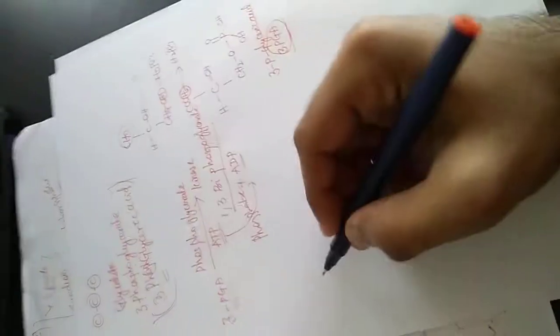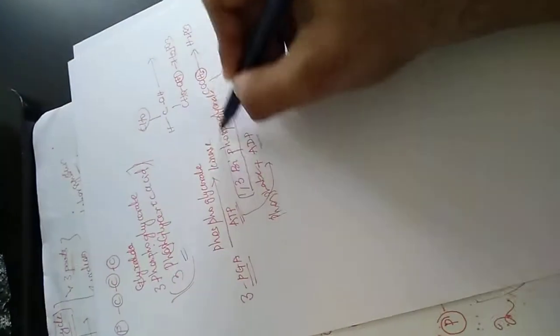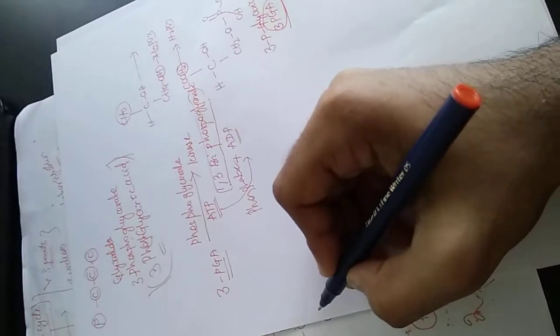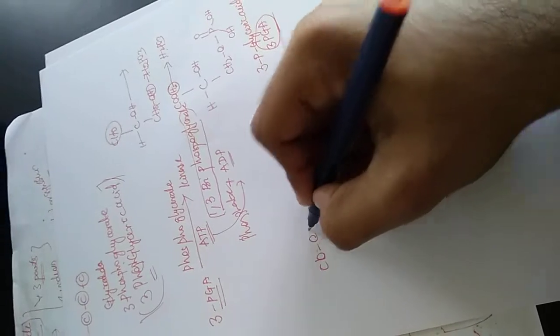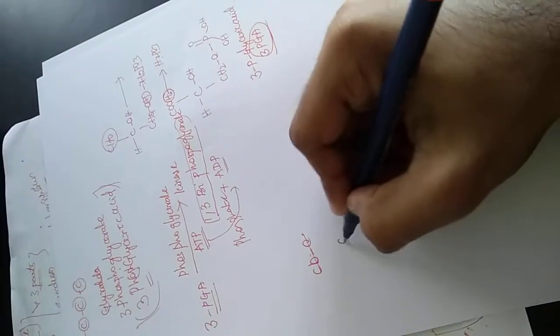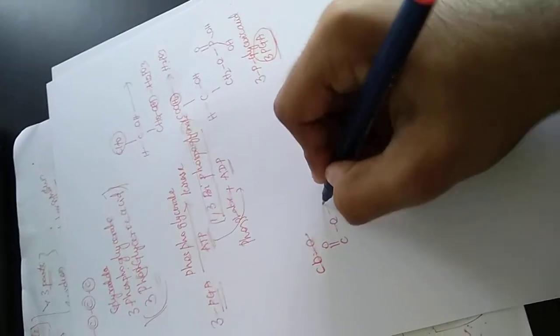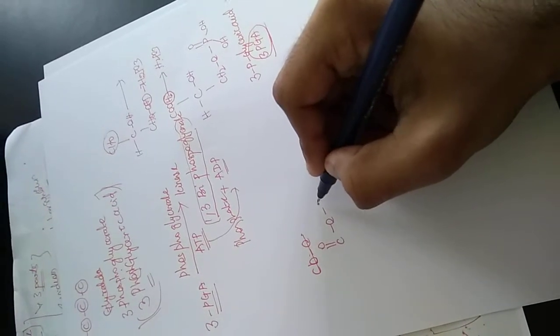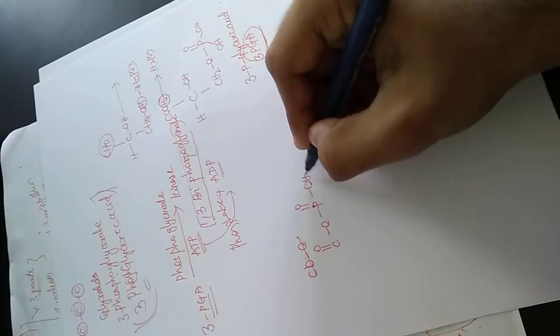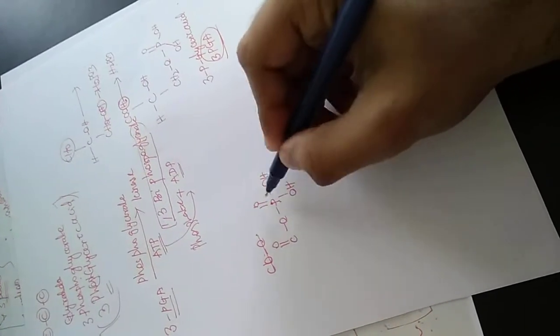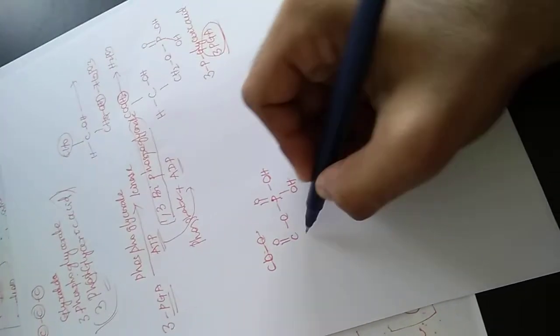Alright, so let me write down the structure of this particular compound. 1,3-biphosphoglycerate, you have to replace this by H2PO3.